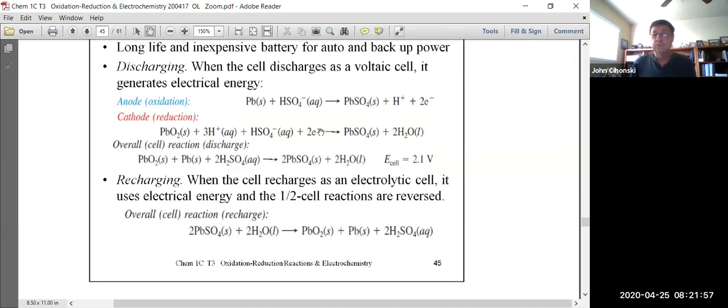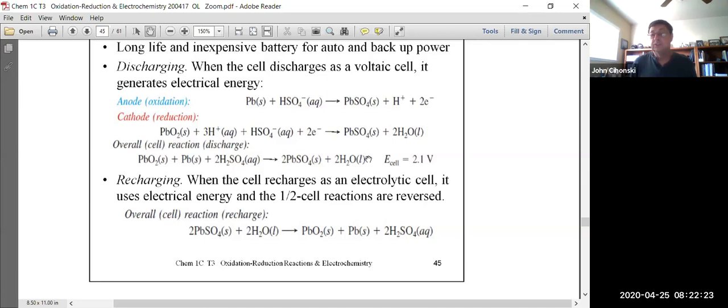Now, once your car is started, the battery is not needed anymore, because we have what's called an alternator on the car, or a generator, depending on how old the car is. But anyway, what will happen is that electrical energy that's generated by the engine is used for 2 purposes.